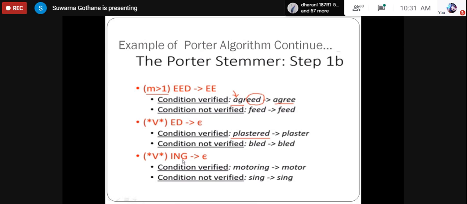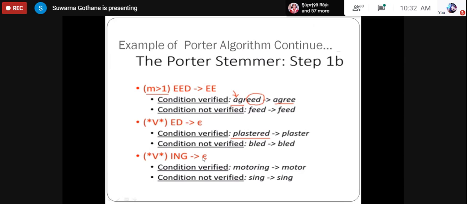Again, when a vowel is present in the stem and the word ends with ING, the ING should be removed. This is like a null operator. It works for singing, dancing, or motoring, so motor.